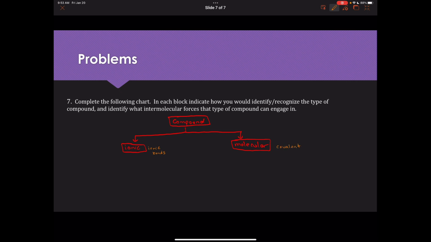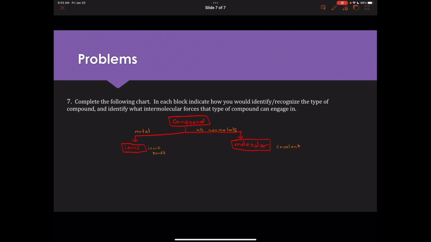So remember, ionic bonds are bonds between a metal and a nonmetal. So when we look at that formula, the minute we see that metal present, we can identify our substance as being ionic. If we don't see any metals, we see only nonmetals, then it is molecular.